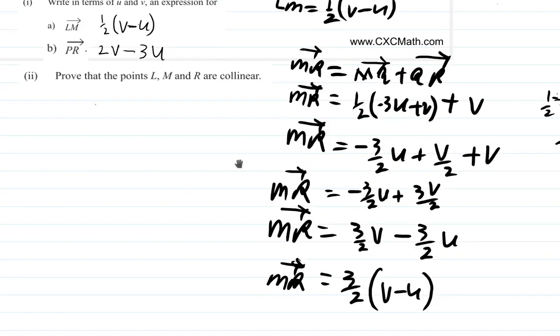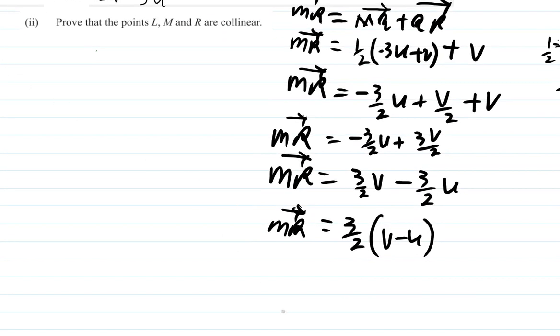Half V minus U. So, LM equals half V minus U. Alright. Now, you can see that the direction of the line is V minus U, and it's common among MR and LM.